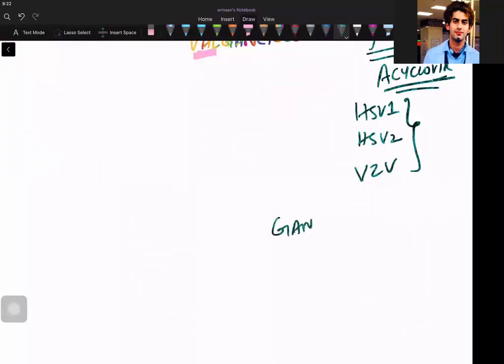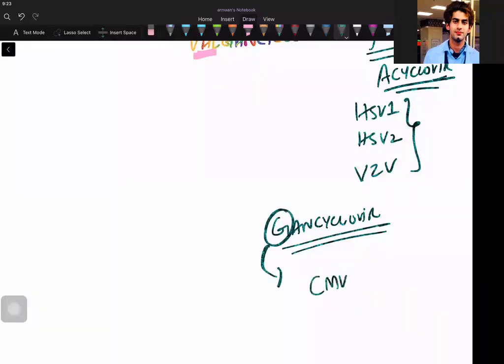So ganciclovir, you know how we know where we are using this, for your first year level, I would say. Remember G for giant. A giant means a tall person. So that means CMV, cytomegalovirus. We have a condition in ophthalmology, that is cytomegalovirus retinitis.